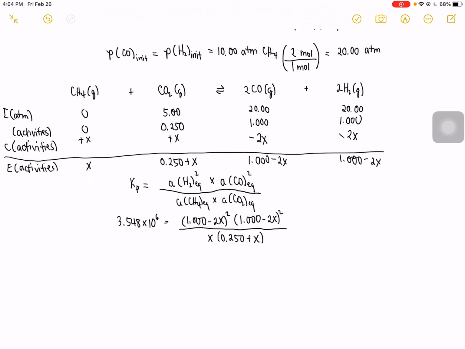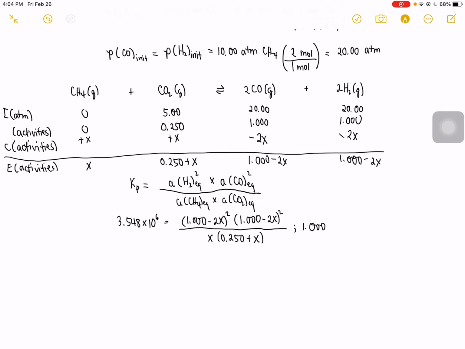Now to simplify our problem solving, since we already know that our K sub P value is extremely large, we can just use our small x approximation. So we have to assume in here, for the sake of simplicity, that the following is true.